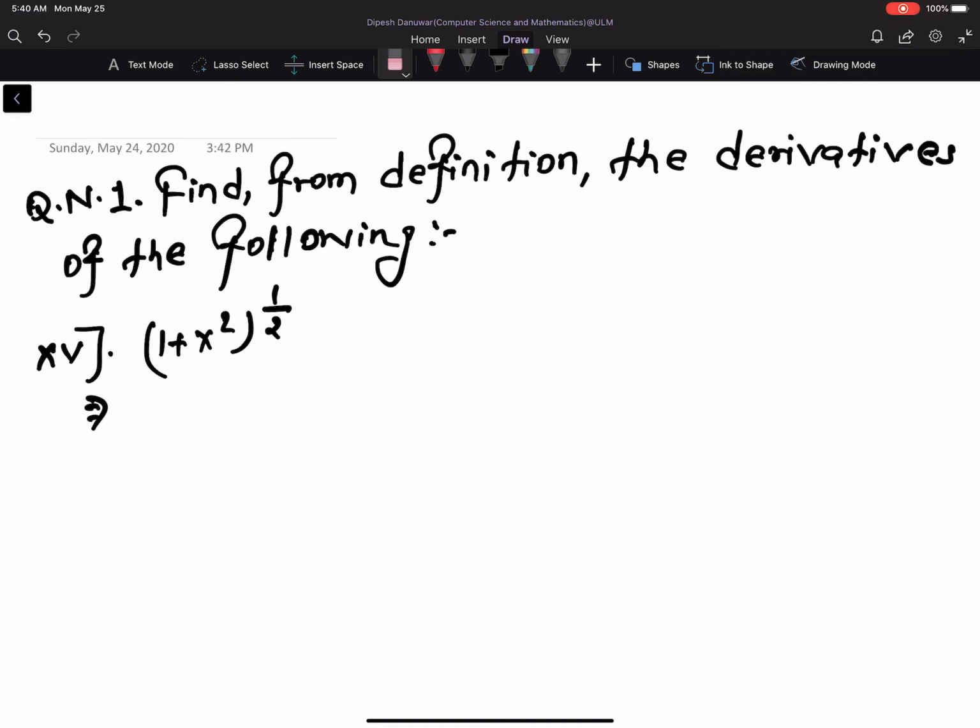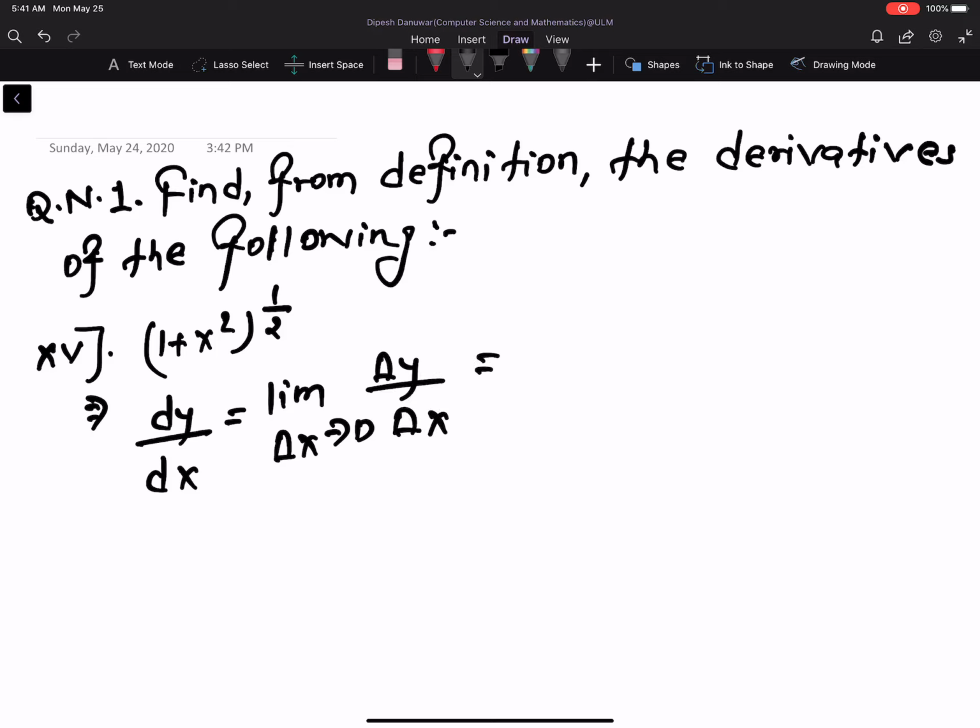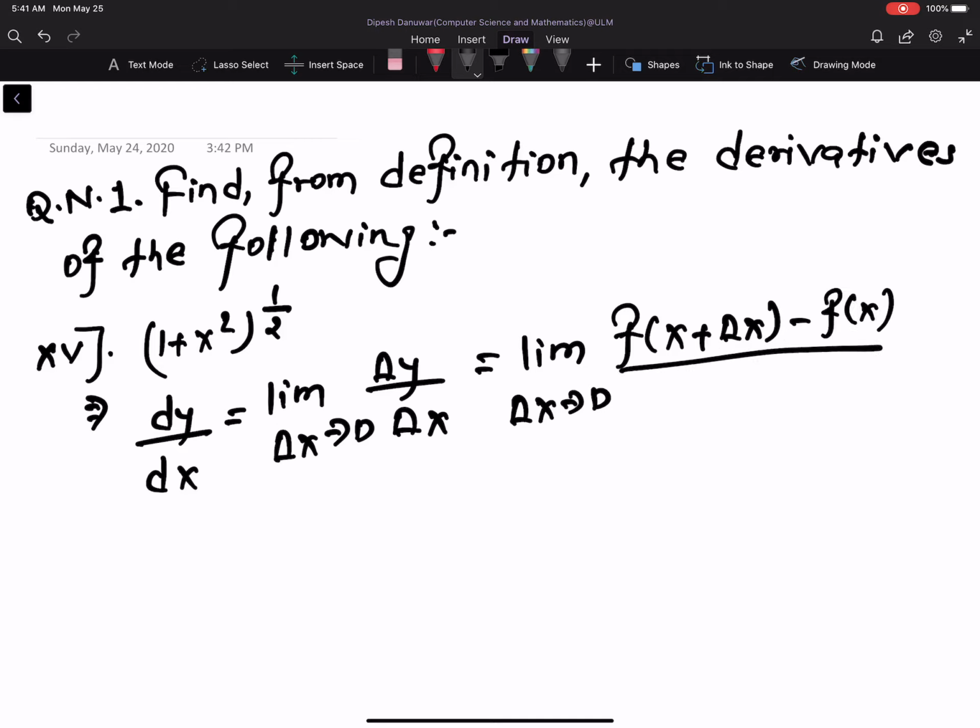We can write the derivative as dy/dx = limit as delta x tends to 0 of delta y by delta x = limit as delta x tends to 0 of [f(x + delta x) minus f(x)] by delta x.